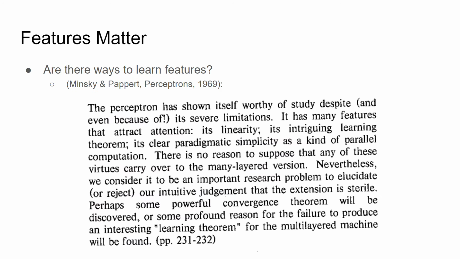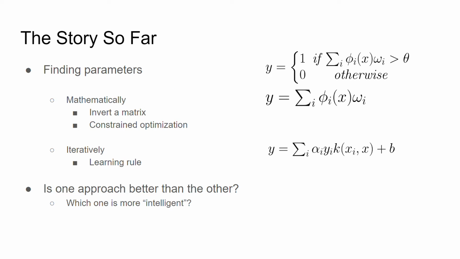Fine. So what? Throughout all of that, we keep coming back to the idea that features matter. And people have wanted to learn features for a long time. None of the stuff that we showed back here was learning features.